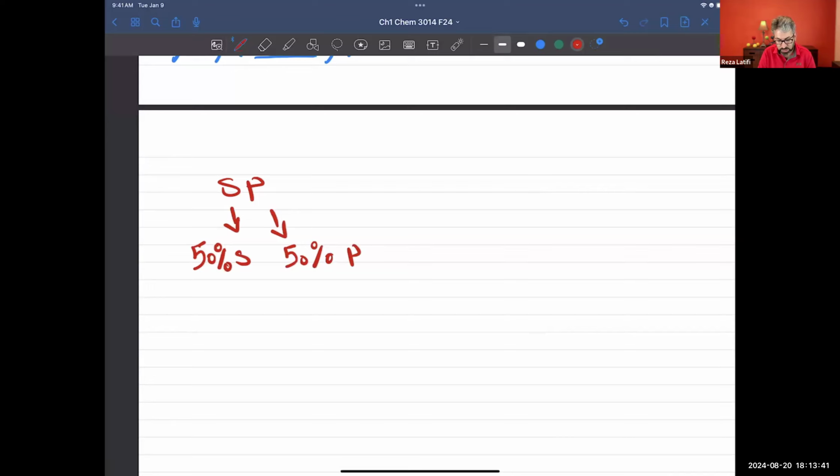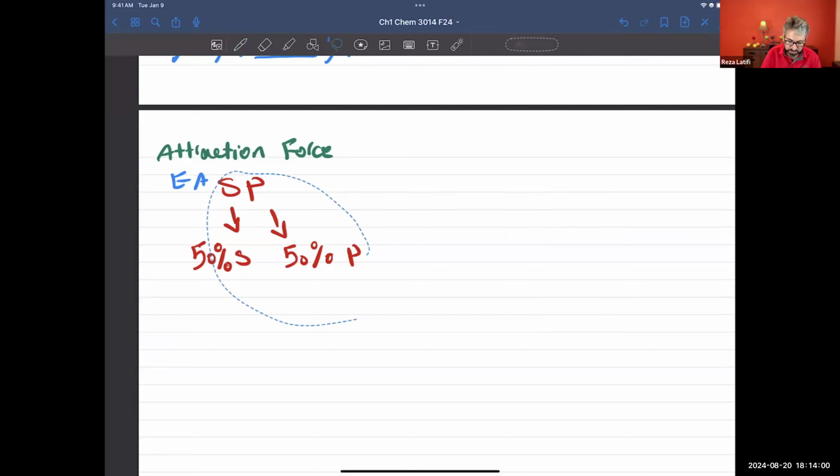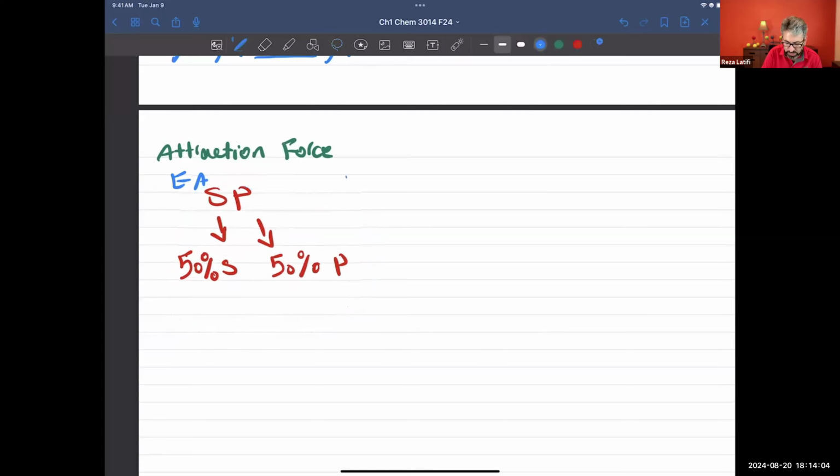This one is going to apply a higher attraction force on the neighbor, or you can say the electronegativity of sp hybridization will be higher than the electronegativity of sp2.